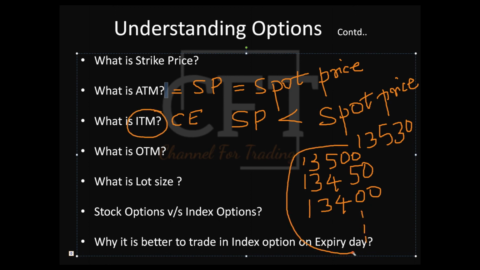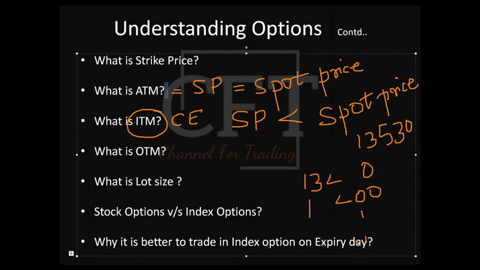All the strike prices below the spot price will become in the money, including the at the money. So 13,500 is at the money here, and all the strike prices below become in the money. So what is significant about in the money and at the money? We will talk about that later.